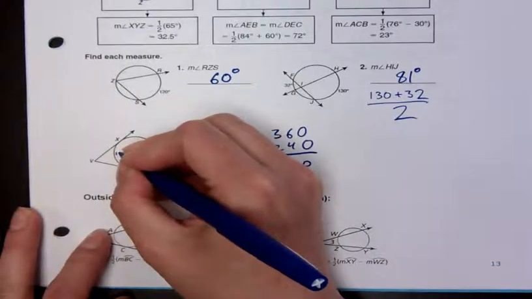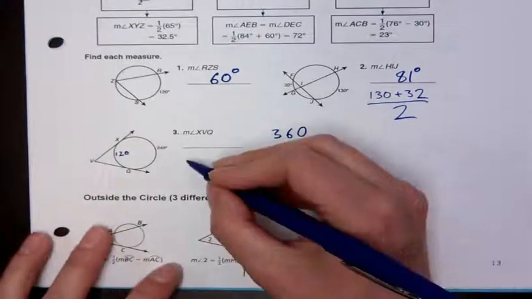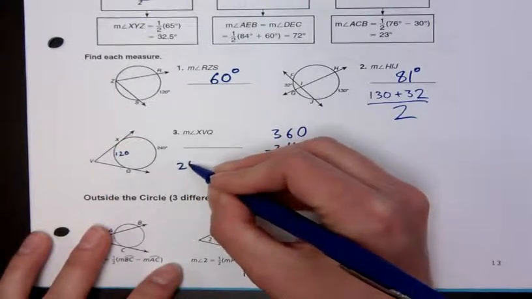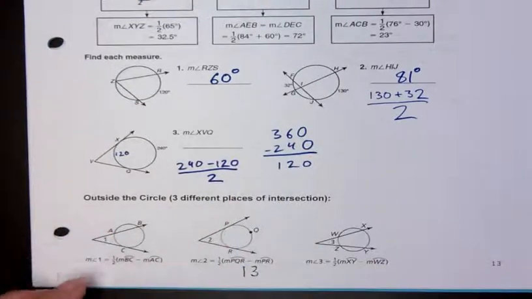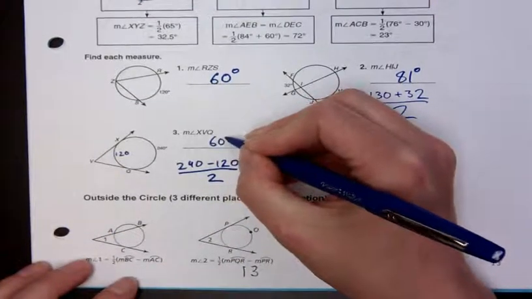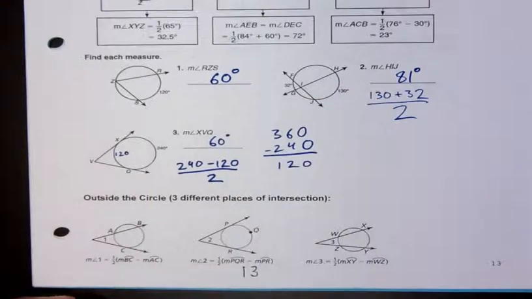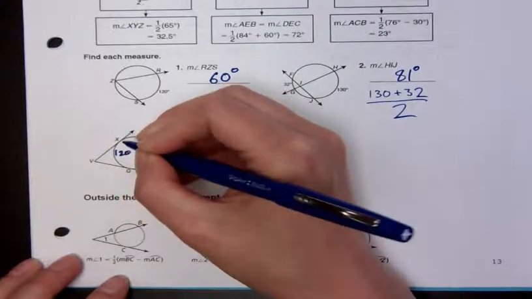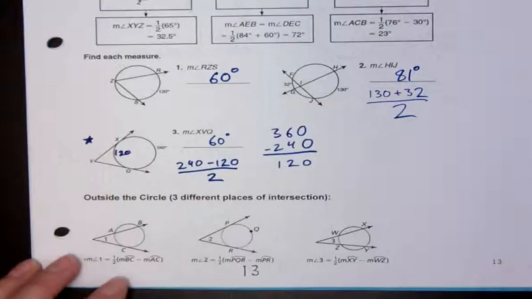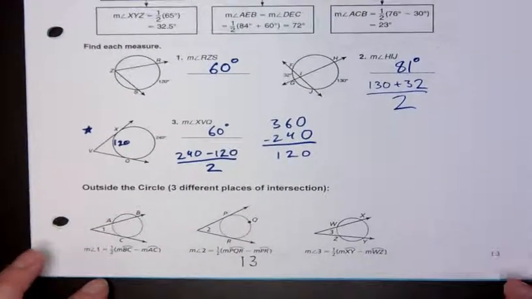So now I know that's 240 and 120, and I can do half the difference. So 240 minus 120 divided by 2. What does that come out to? 60. All right, so I would recommend you star that or make sure you know how to do that, because you will see that on problems and homework, test, and quiz.